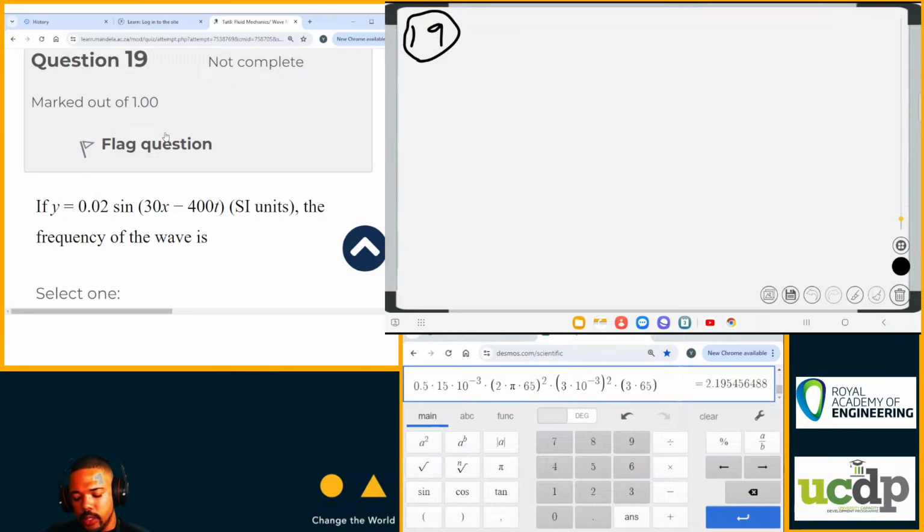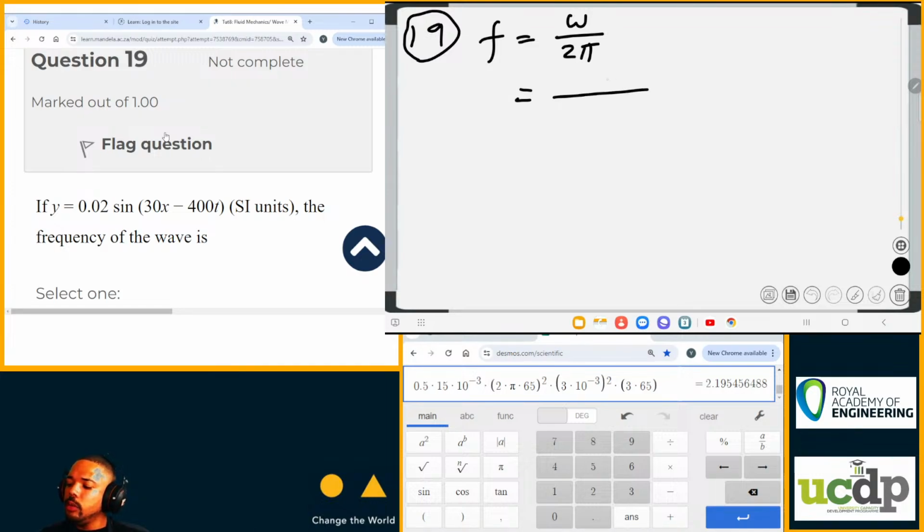Okay, 19. The same little problem, frequency. I think they put this problem out of order, because they first ask you the most difficult thing and then everything else is easy. Frequency is equal to angular frequency over 2 pi.